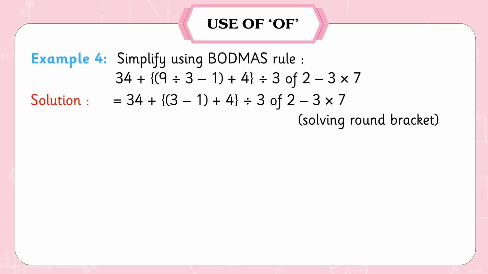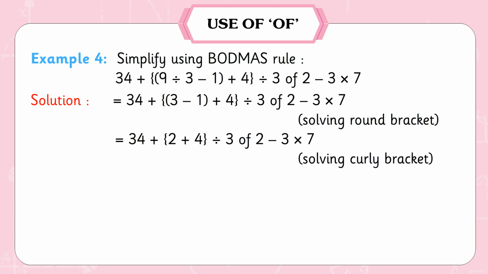Solution. 34 + {(3 − 1) + 4} ÷ 3 of 2 − 3 × 7. Solving the round bracket, 34 + {2 + 4} ÷ 3 of 2 − 3 × 7.